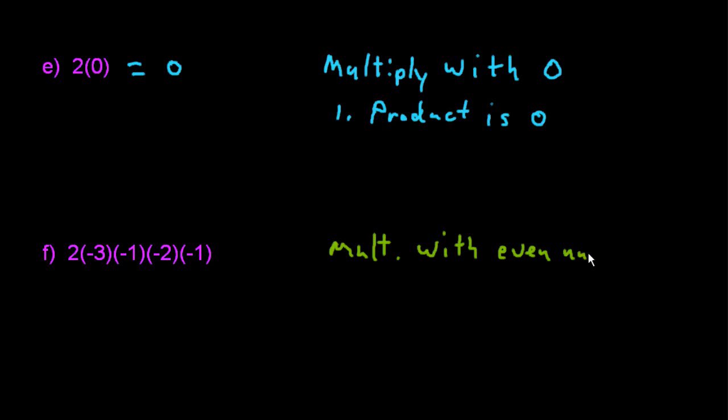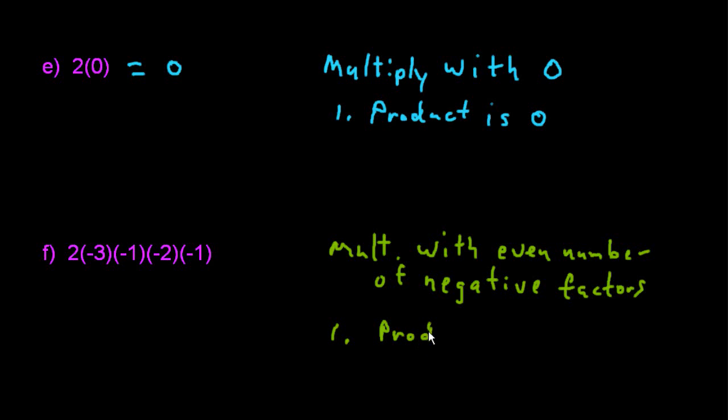We know we're going to multiply the numbers, but are we going to have a positive or a negative result? You could multiply these out and see, but it'd be nice to have a rule. Anytime we have an even number of negative factors, the product will be positive.